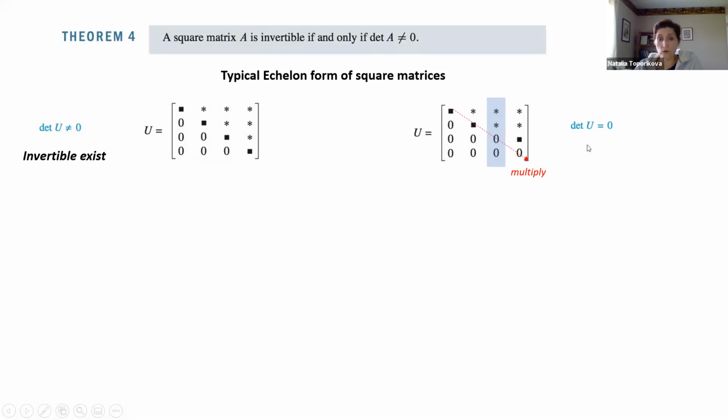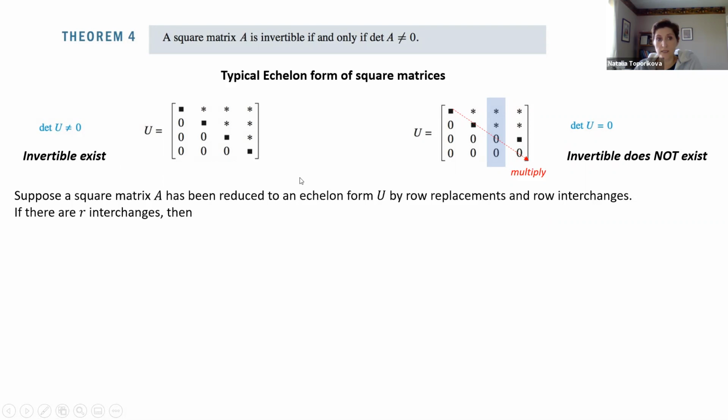According to theorem 4, we will know that the inverse matrix in this case does not exist. This gives us a really good tool for quickly finding the existence of the invertible matrix. And we can even summarize it a little bit more formally.